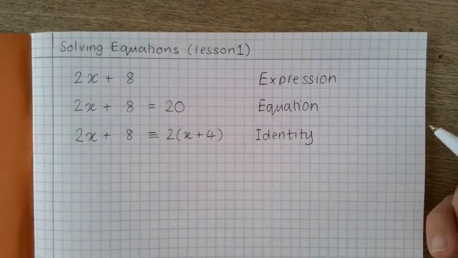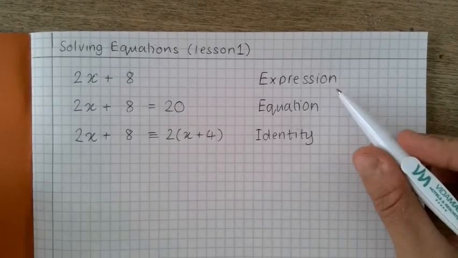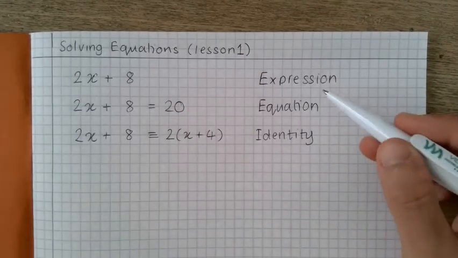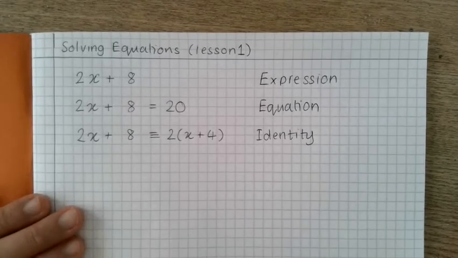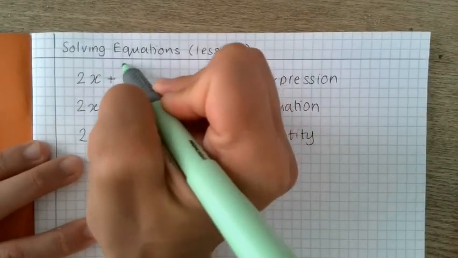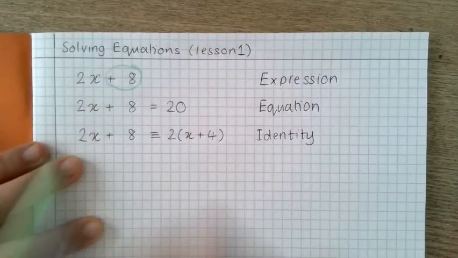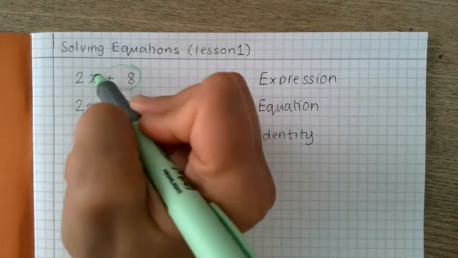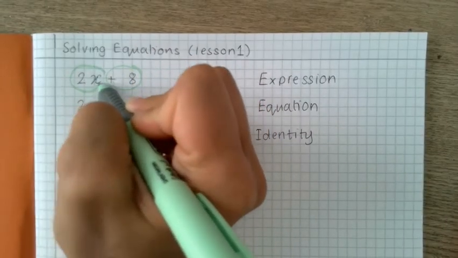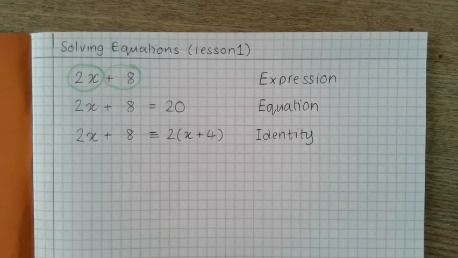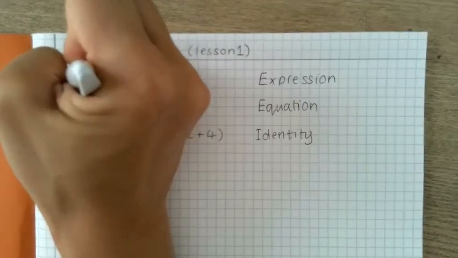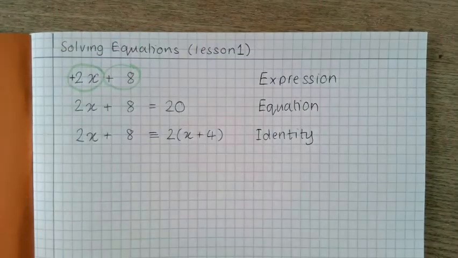Firstly, an expression, in fact expressions, equations and identities all contain terms. So we've looked at terms before, haven't we, and we used bubbles to circle terms. So here I can circle the term plus 8 in this expression, and I also have the term 2x, which doesn't have a symbol, a positive or a negative in front of it, but we know that if we don't see anything, it's a positive.